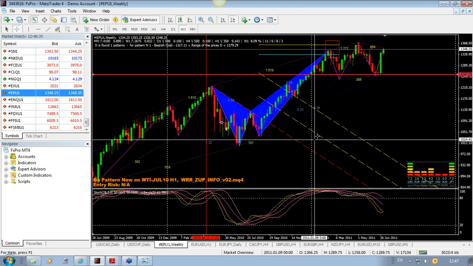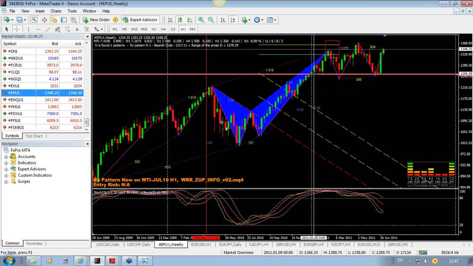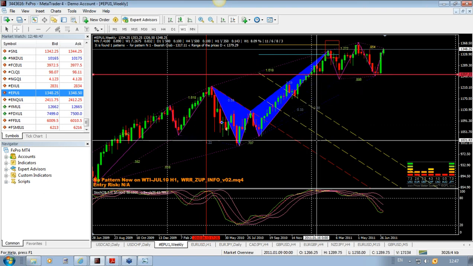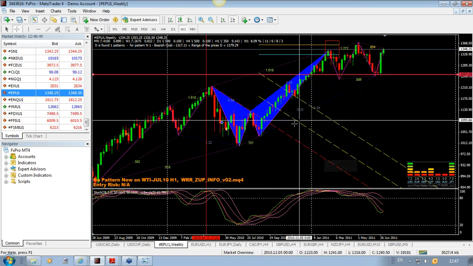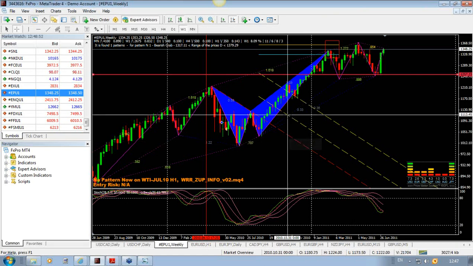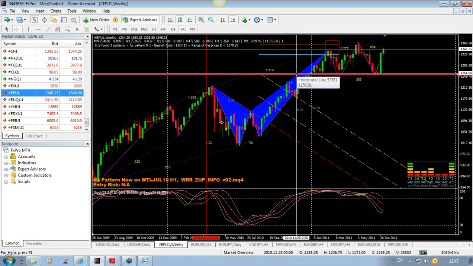First thing you must remember, that you should respect the first critical support or resistance as the first target. And also remember that those lines are not relevant for the crab pattern.